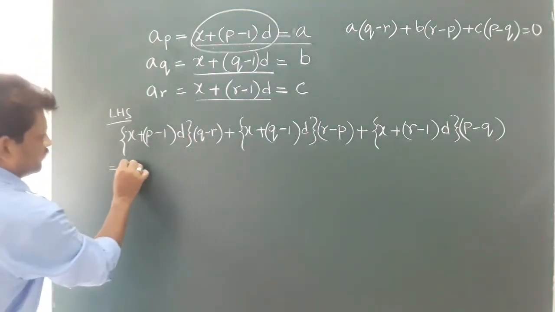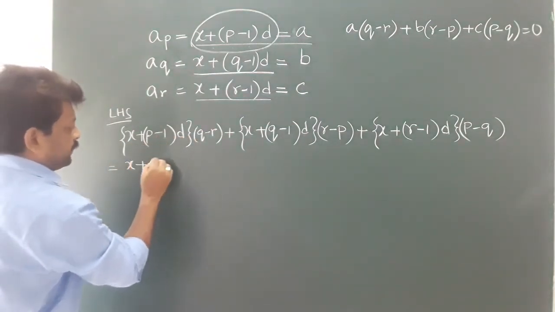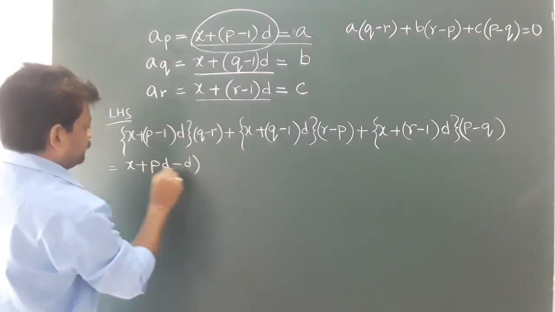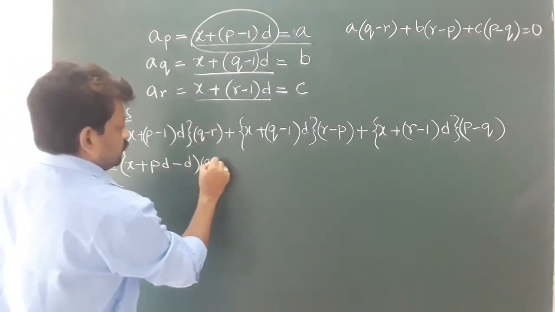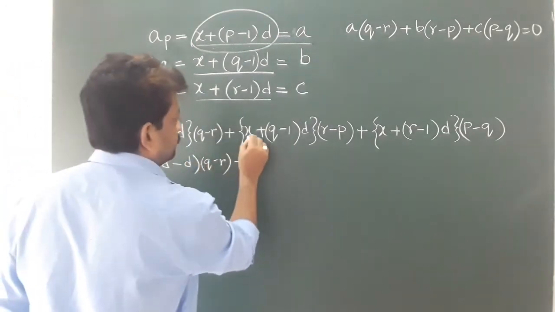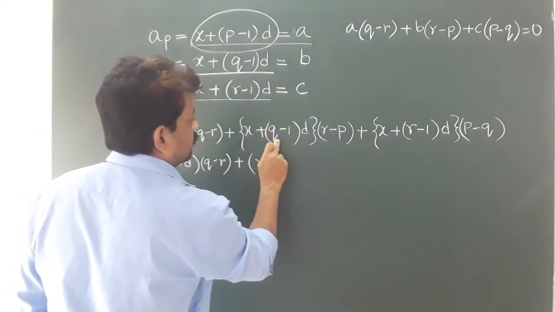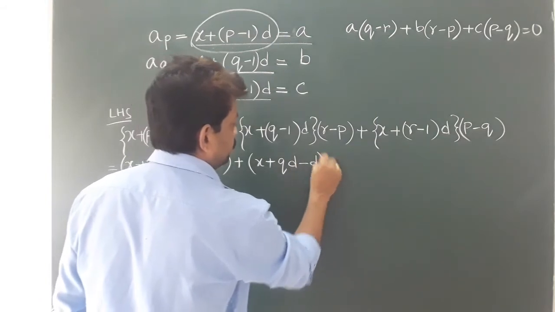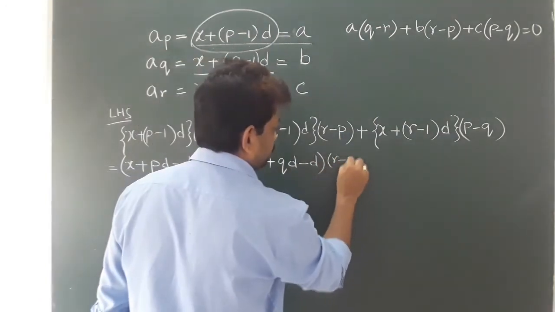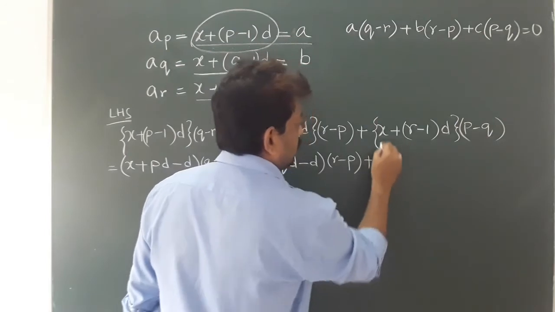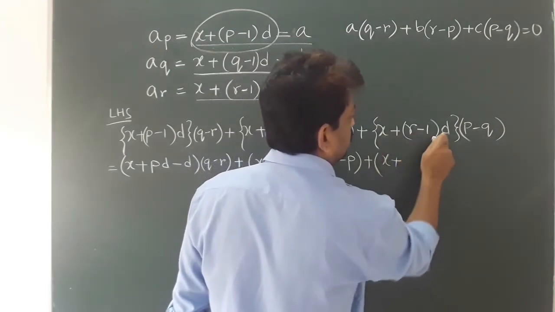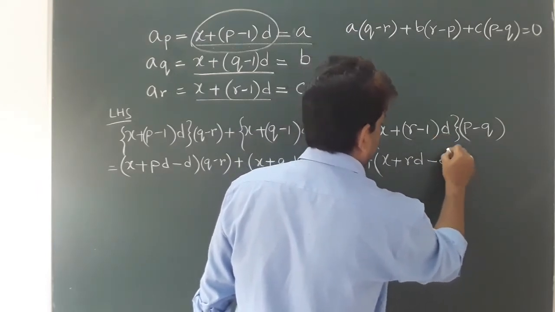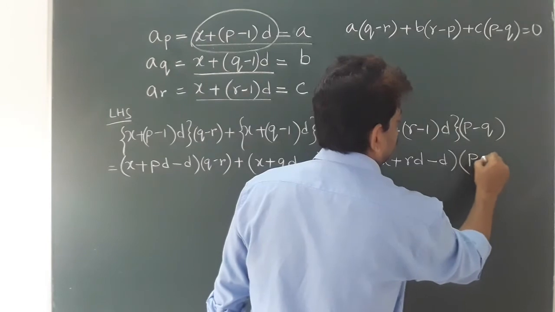After simplification, it will be x plus p multiplied with d is pd, minus 1 multiplied with d is d. Similarly, it will remain as it is, plus x plus q multiplied with d is qd, minus 1 multiplied with d is minus d, into (r minus p), plus x plus r multiplied with d is rd, minus 1 multiplied with d is minus d, multiplied with (p minus q).